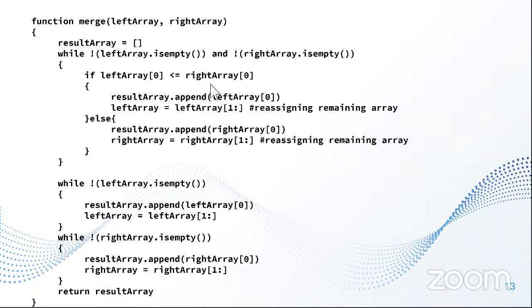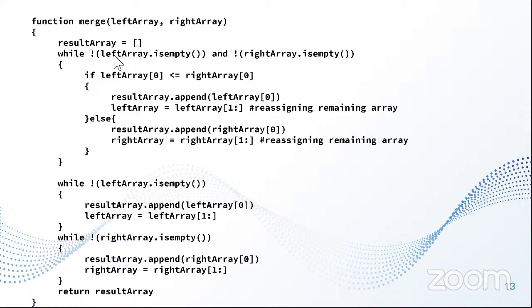This is a bit more Pythonic in nature. Even reassigning the remaining array is Pythonic. I'm just popping the other elements, then reassigning the left subarray to the modified left subarray. So you can see how easy it looks. It looks very difficult, but it's actually very easy.